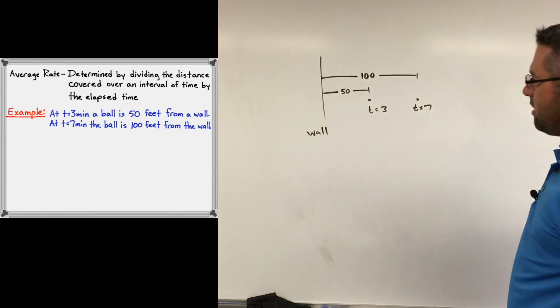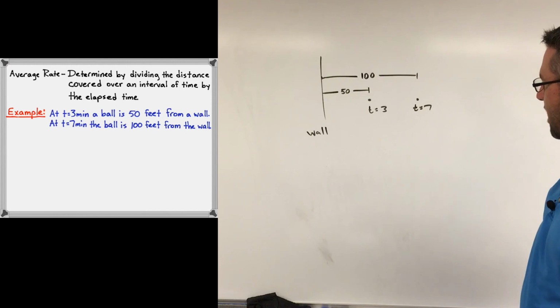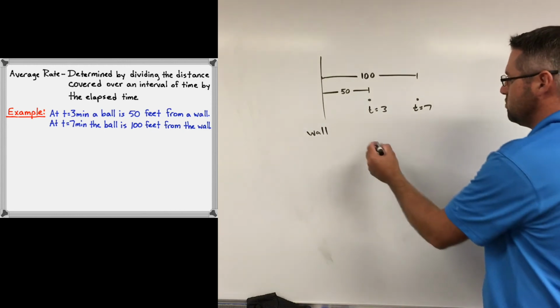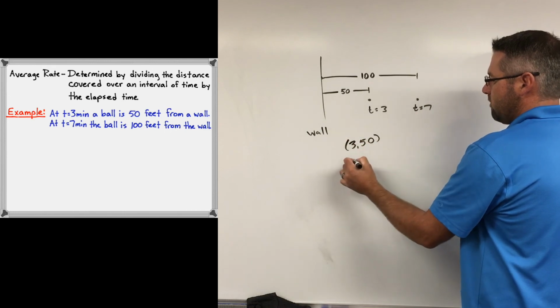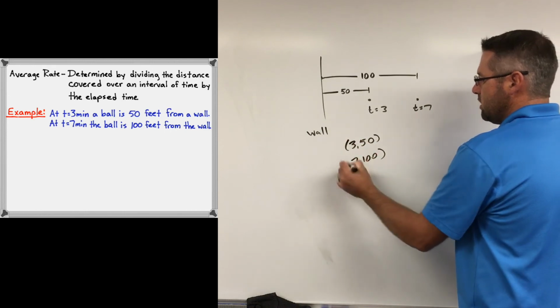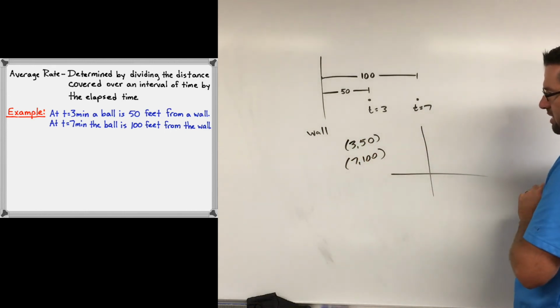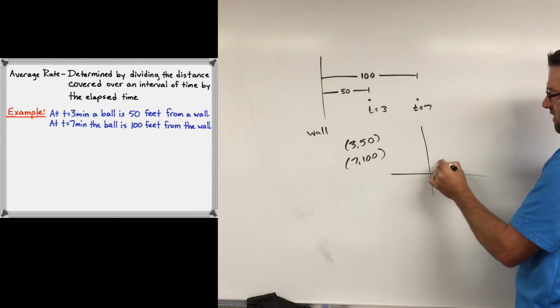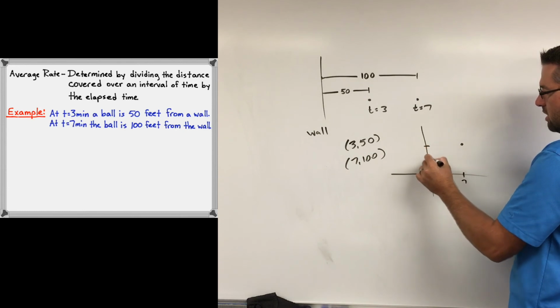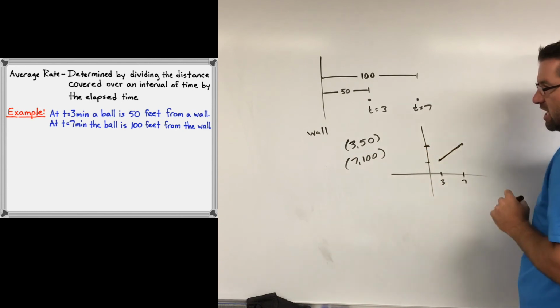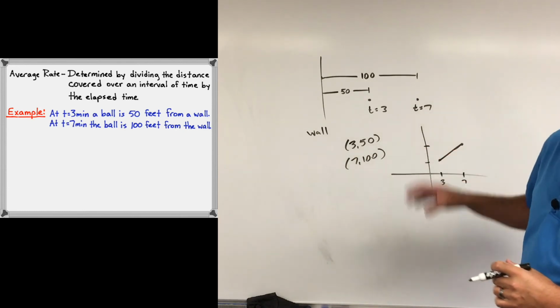All right, there's that. Now this isn't a function. I haven't drawn a function out. We can create a function. We have a coordinate of (3, 50) and another coordinate of (7, 100). We can graph that: (3, 50) is here, and then (7, 100) is there. So we have this relationship, a linear function in a sense.